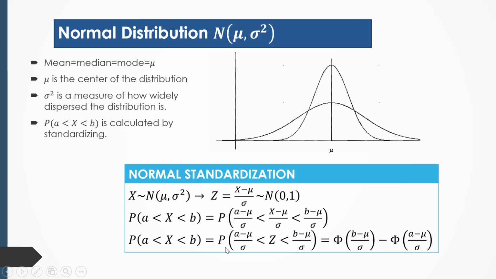Here the problem becomes a standard normal distribution problem. We find the probability that z is between 2 points. So we use the capital Phi function. That becomes capital Phi of b minus mu over sigma minus capital Phi of a minus mu over sigma. So that's how you standardize the problem.